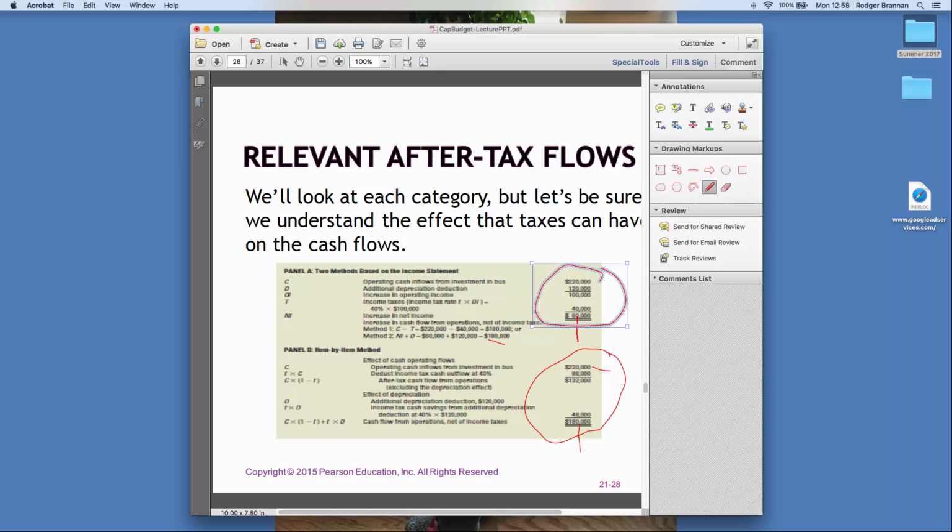I personally like this method a lot better: just taking the change in income minus the change in depreciation gives me the amount of income subject to tax. Okay, the $100,000 is a relevant number. So that becomes my taxable income. Subtract out the 40%. I write a check to the IRS for $40,000. I'm left with $180,000.